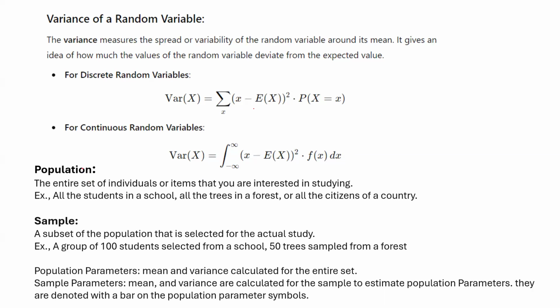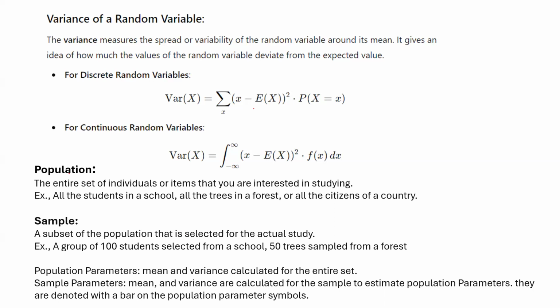We already discussed population and sample in the previous slide, right? Population means the entire set of individuals or items that you're interested in studying. Suppose we gather information from every voter in a particular state; all the voters would be the population.